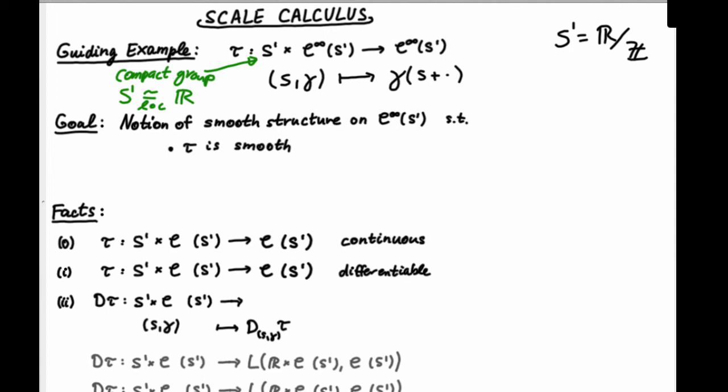But I want a notion of smooth structure on this stuff, so that certainly that map is smooth. If I'm going to do any kind of analysis, I'd better have a chain rule. And if I'm going to cut out moduli spaces, I'd better have an implicit function theorem.